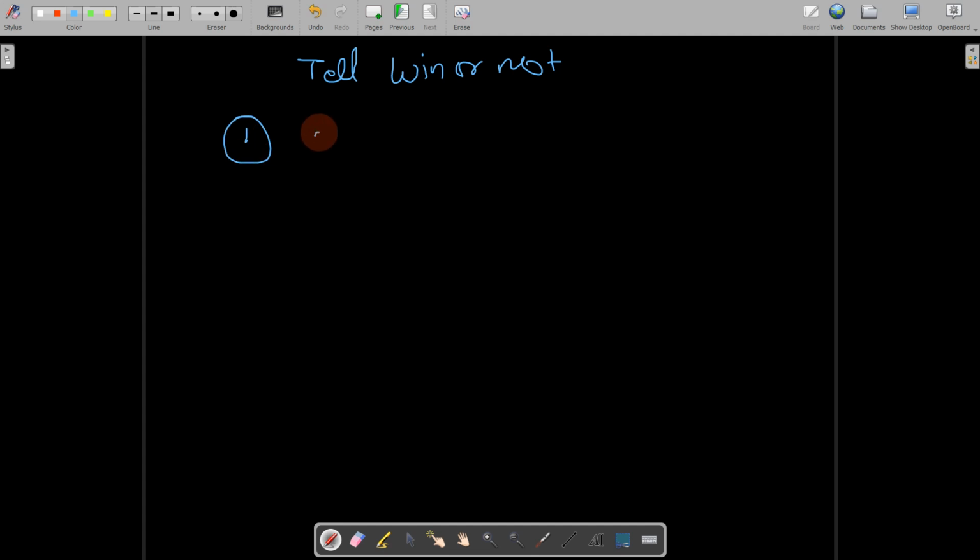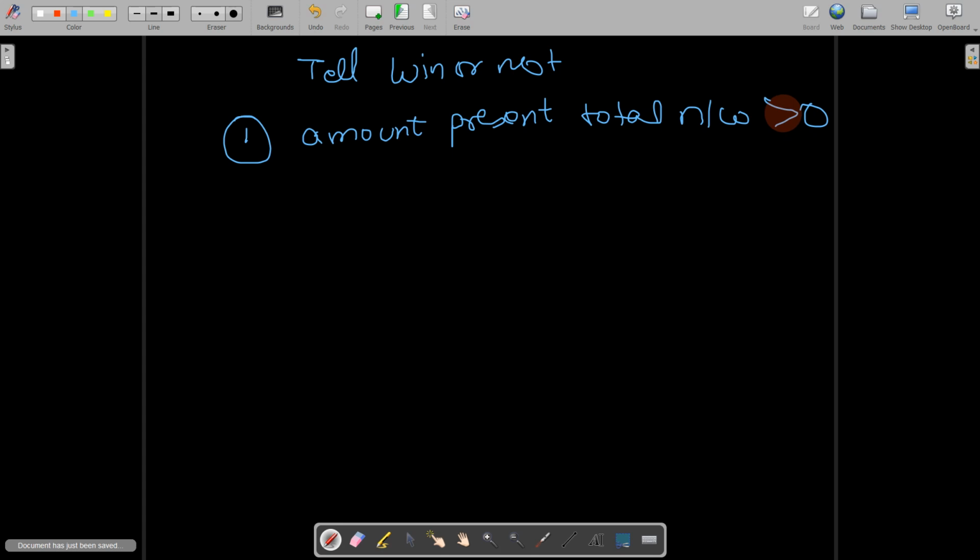Number one, the amount present in the total network should first be positive. If everyone has a debt, then obviously you cannot redistribute the money and remove the negative values.